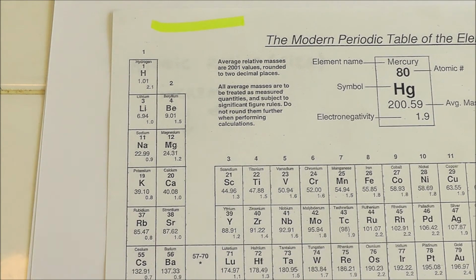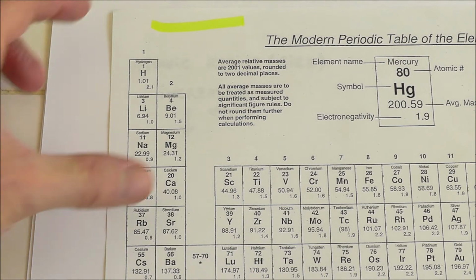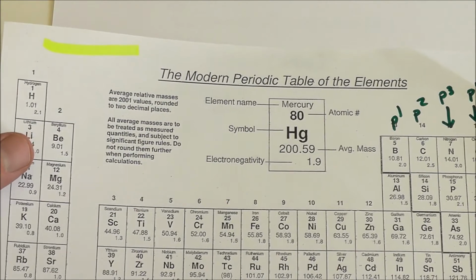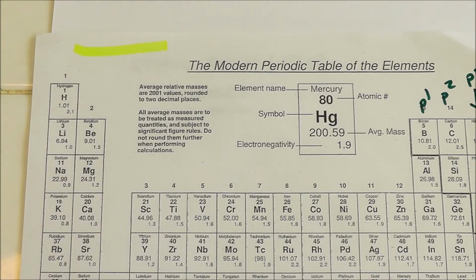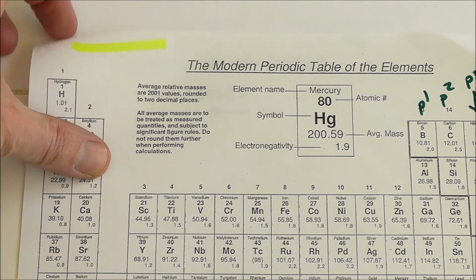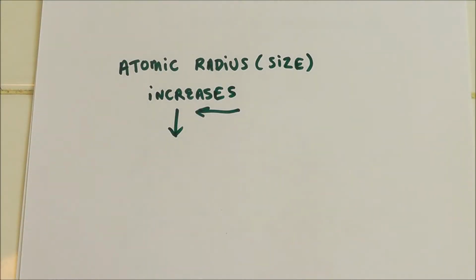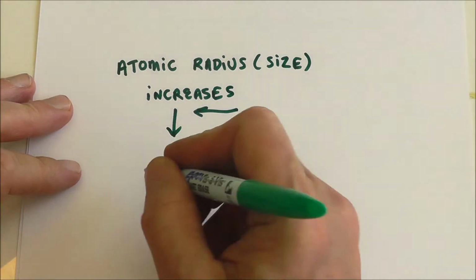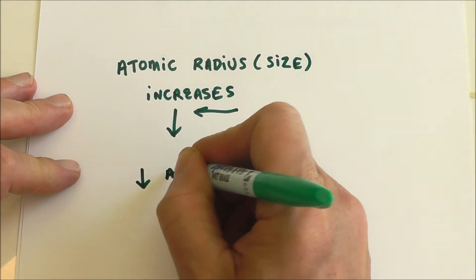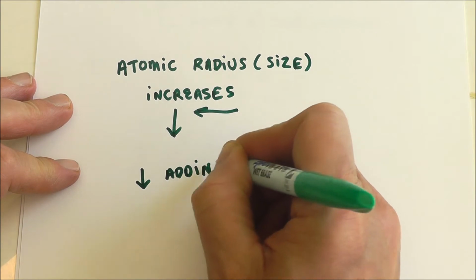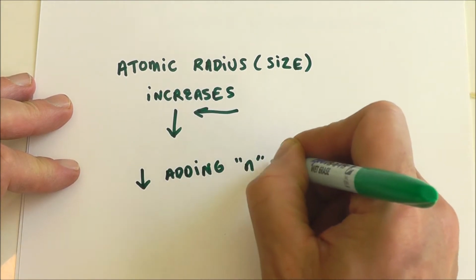We're adding shells, and it increases less and less because the shells become closer together, I should say. Let's summarize that. Down in a family, adding n levels.